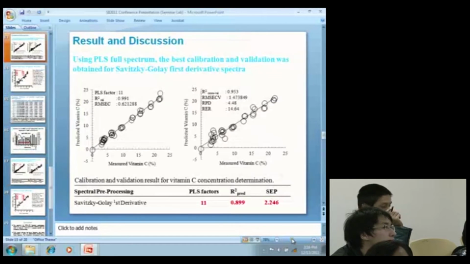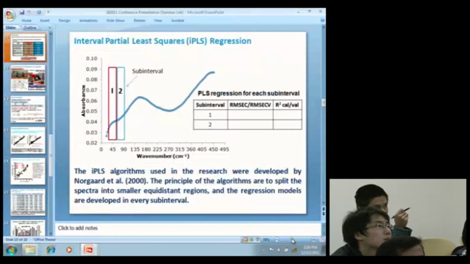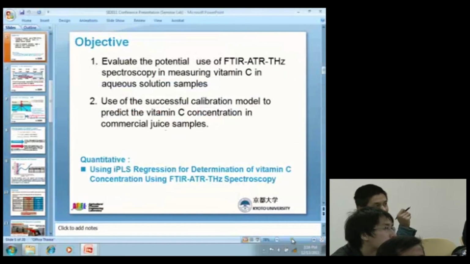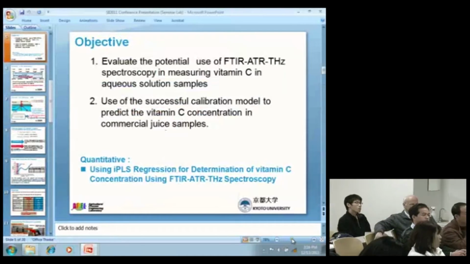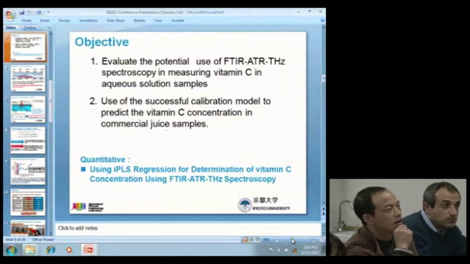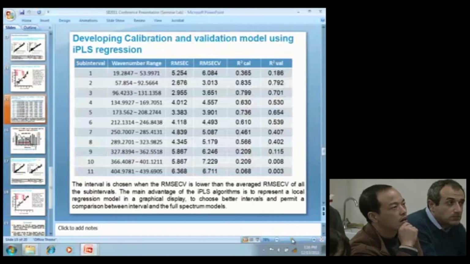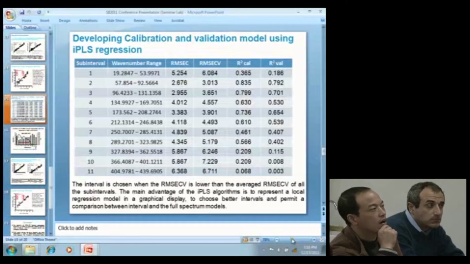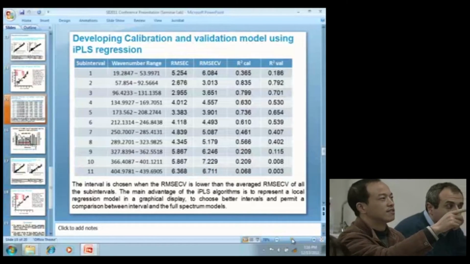Okay, so I think only the first slide needs it. That is enough. Okay.